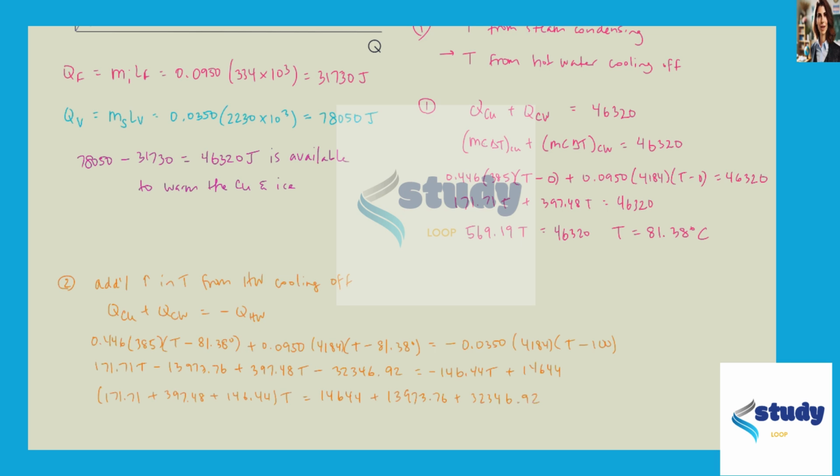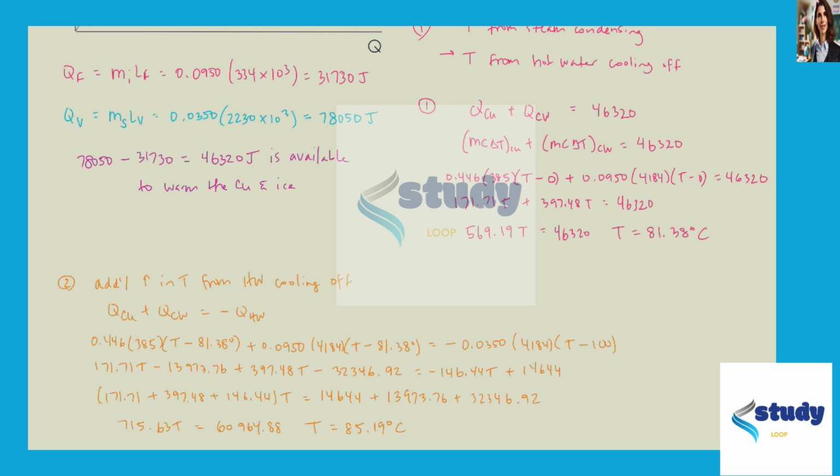And that's going to give us 715.63 T equals 60,964.88. And that gives me a final temperature of the whole mixture of 85.19 degrees Celsius. You could call it 85.2. That would also work.